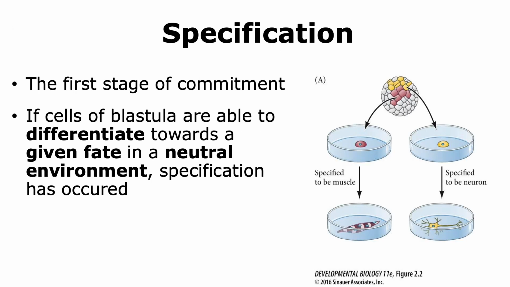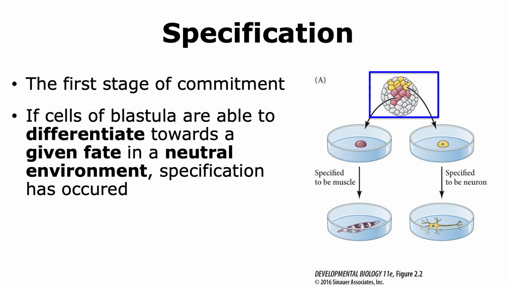Specification is the first stage of commitment, where a cell is deciding what it's going to become in that multicellular organism. In order to understand specification, we have to go to the cells when they are in a blastula. In the blastula, the cells, which are the blastomeres, are not showing any characteristic properties of the cells that they will be developing into in the future.